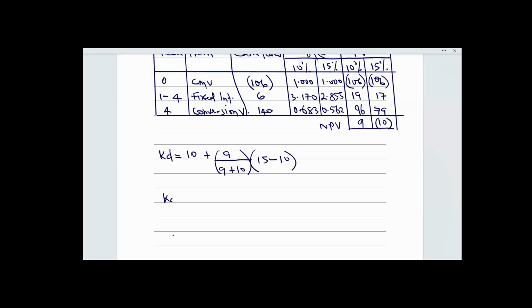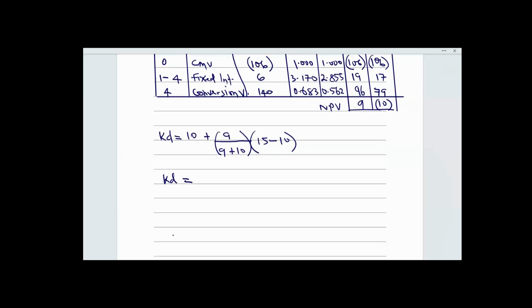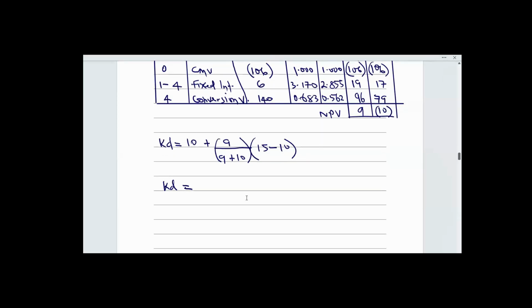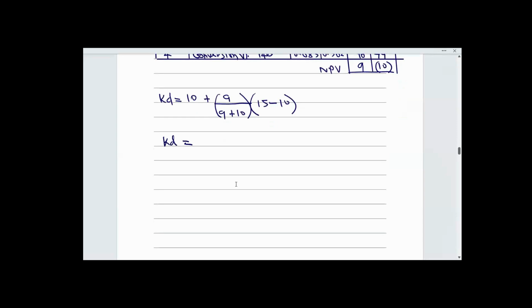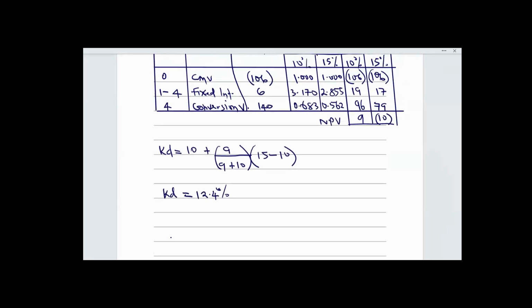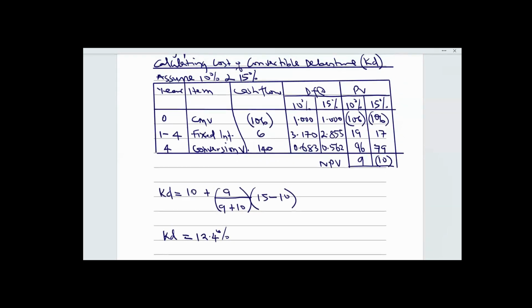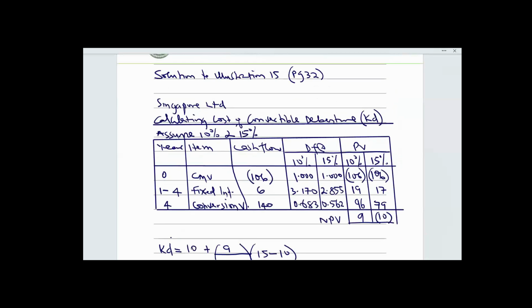So KD is equal to 9 divided by 19 multiplied by 5 plus 10. 9 over 19 multiplied by 5 is 2.4. That's 12.4 percent, or approximately 12%. Okay, so that's that.